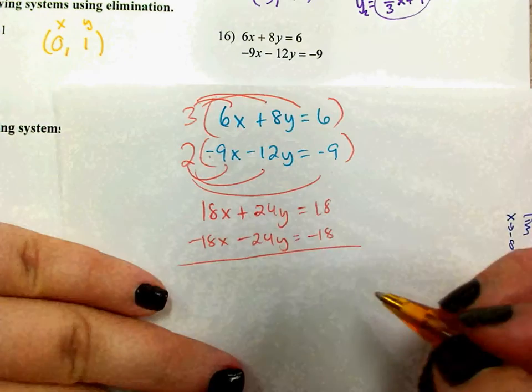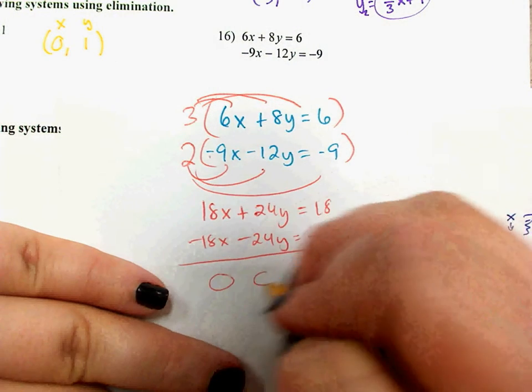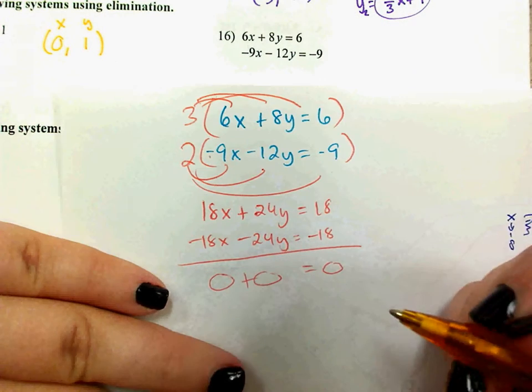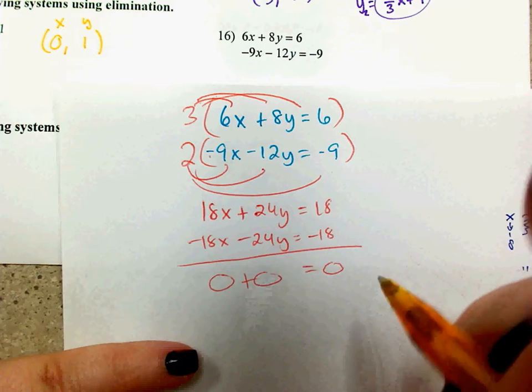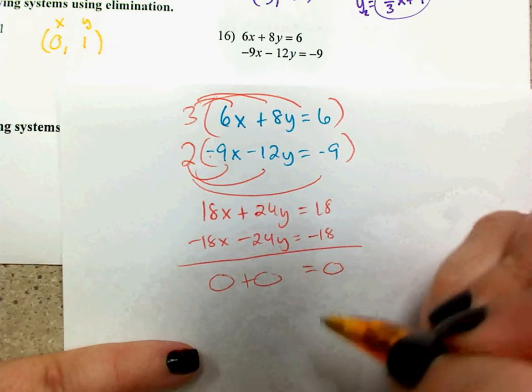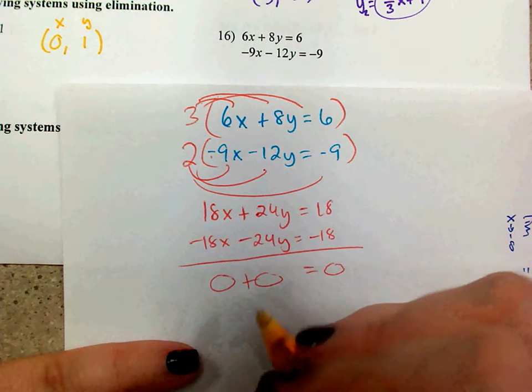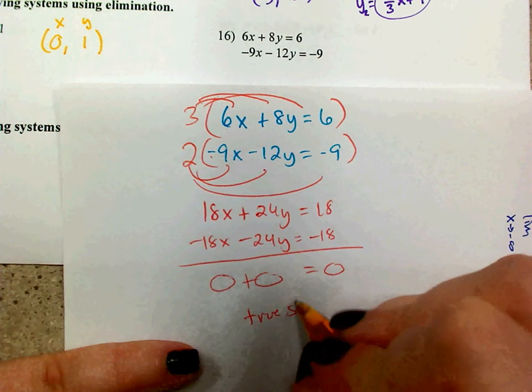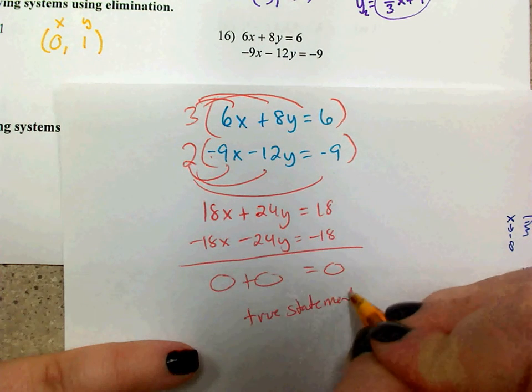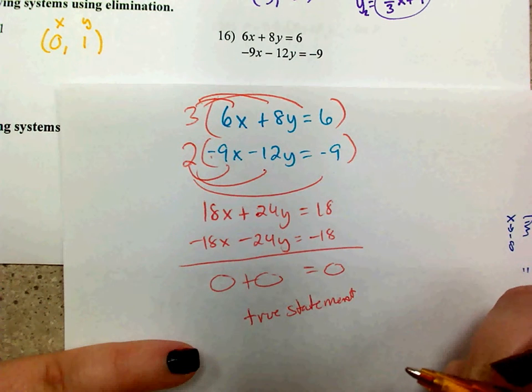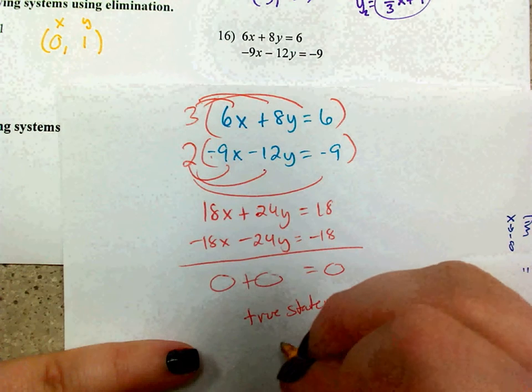It's not like the answer is when x equals this or when y equals that. The answer is that 0 equals 0, which is just a true statement. When you get a true statement, that means these two always equal each other. They equal each other all the way from x equals negative infinity to positive infinity. And here's why.